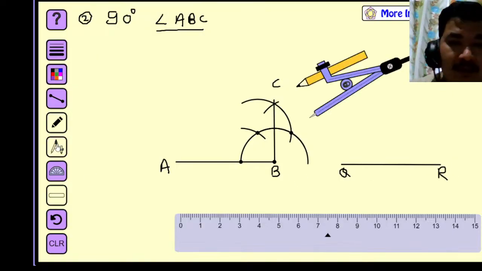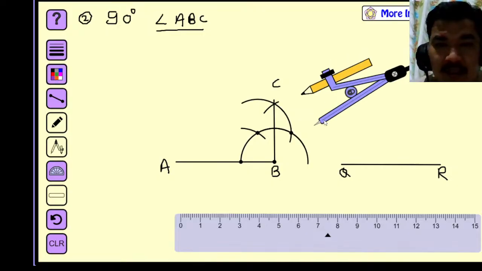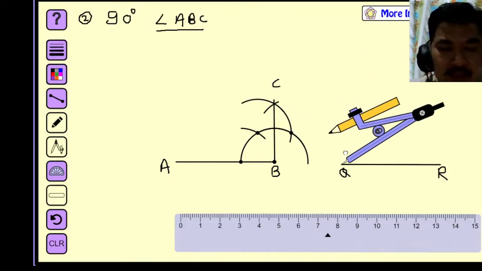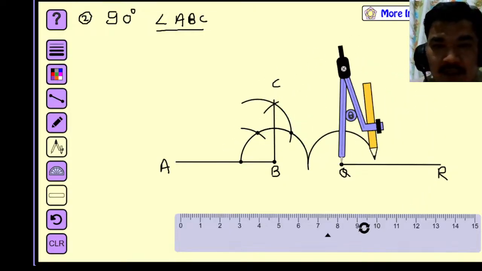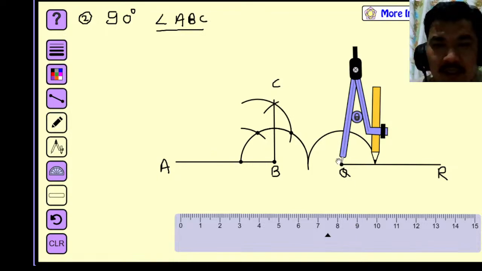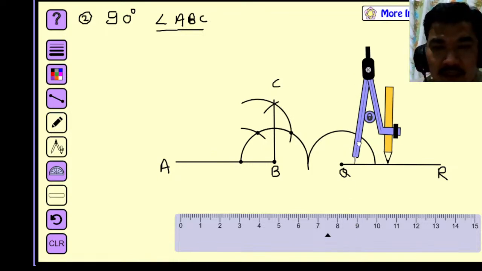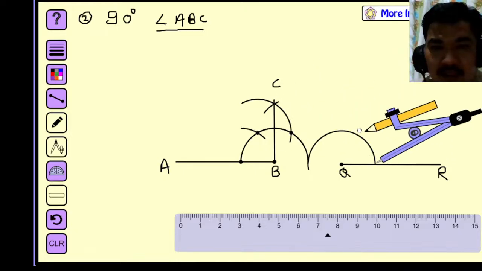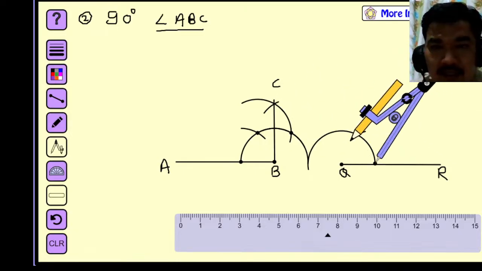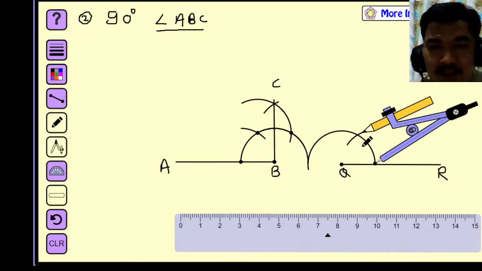And take the help of compass and put at the point Q here, and cut here one main arc, like this. Now for this point Q, this is 0 degree, and cut this side, right, like this. This is 60.